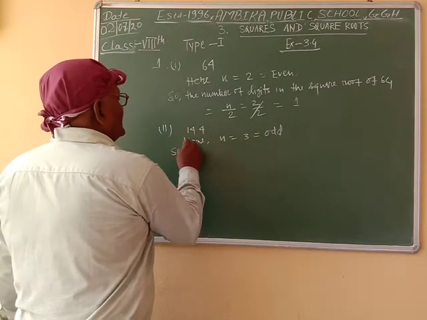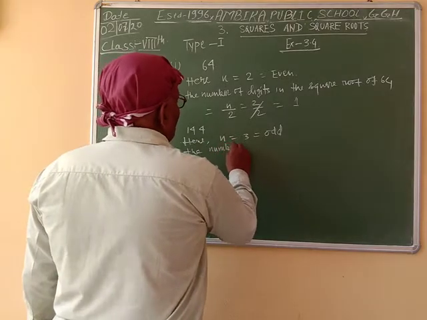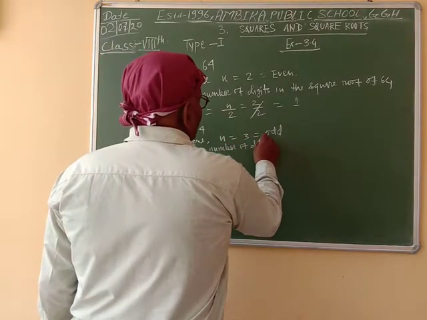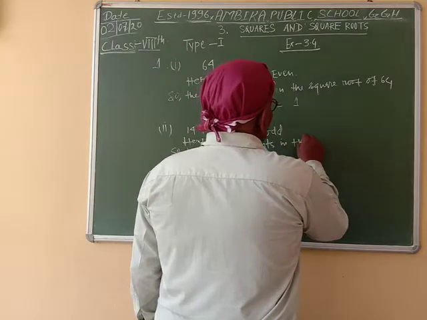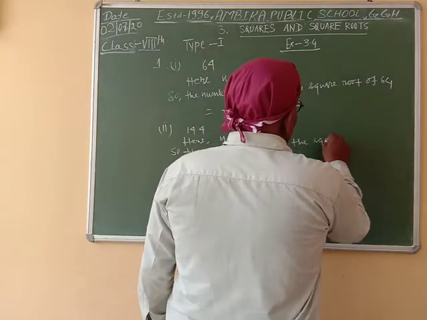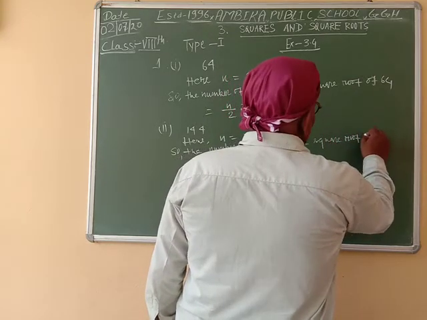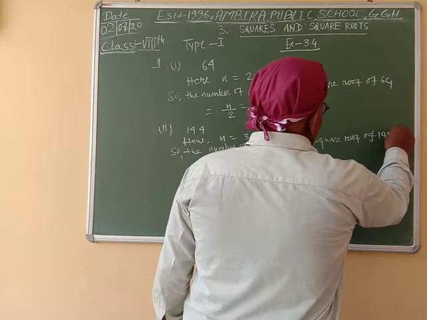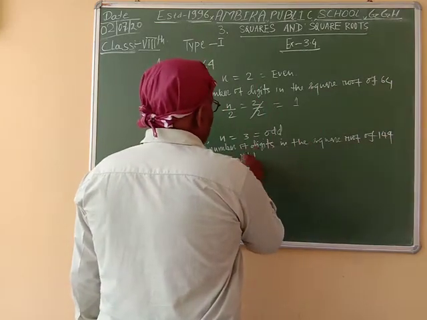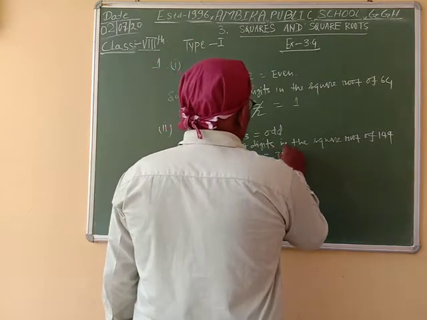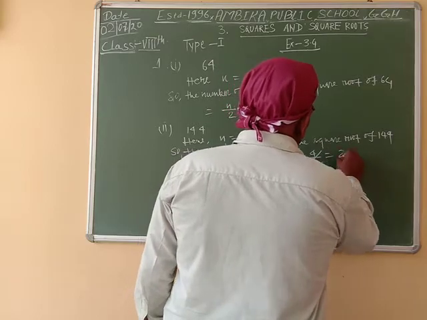So the number of digits in the square root of 144 is equal to n plus 1 by 2 is equal to 3 plus 1 by 2 is equal to 4 by 2 is equal to 2.